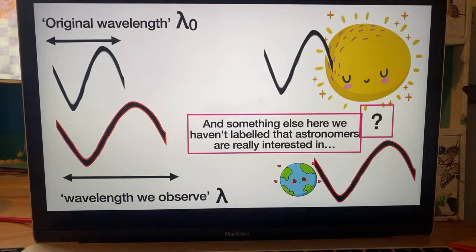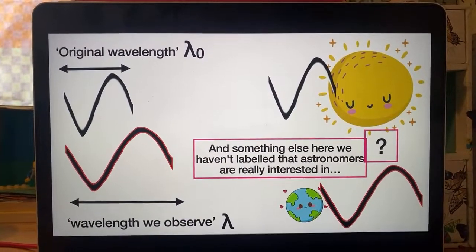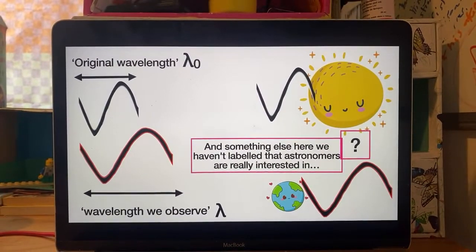Any ideas what it is? I could give you clues, but I'm not going to. Not yet. We've got the original wavelength. We've got the wavelength that we observe. Anything else you think it would be sensible to label that we haven't labelled that might help us when we come to measuring these waves and working out what's going on?